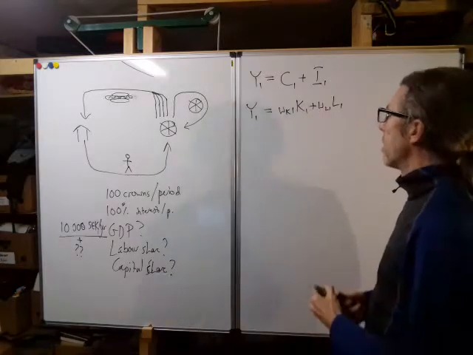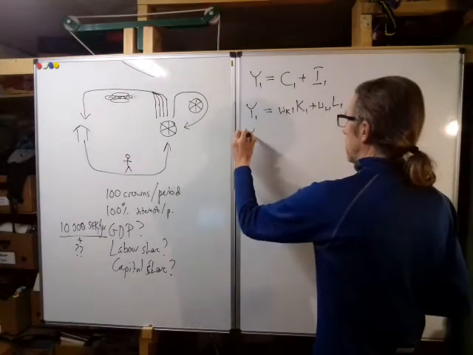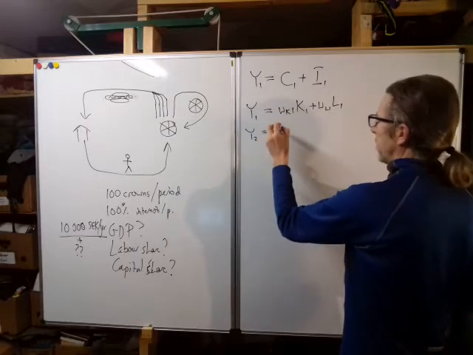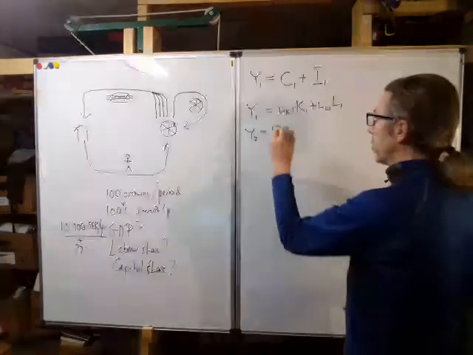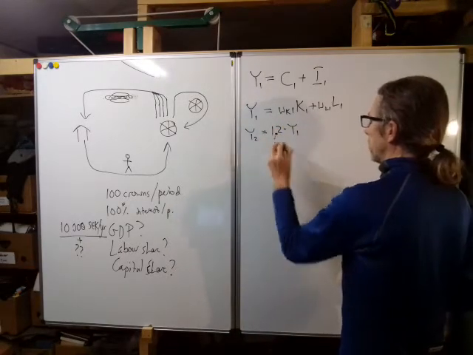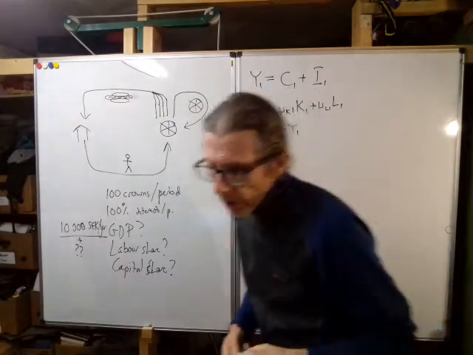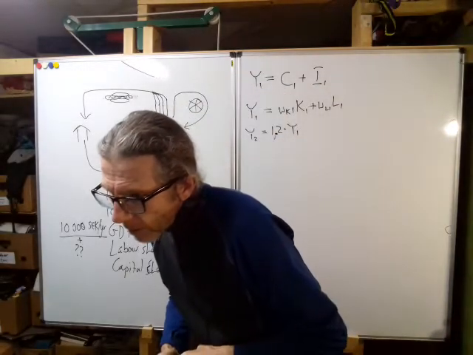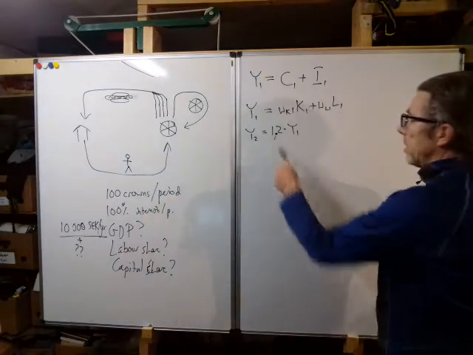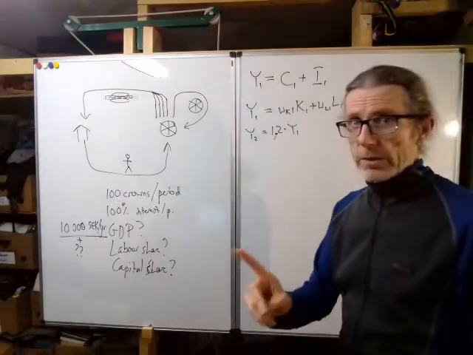But we also know that Y2 is 1.2 times Y1. I think we're told that, right? That everything's 20% more productive in the second period. And we know that the interest rate is 100%.